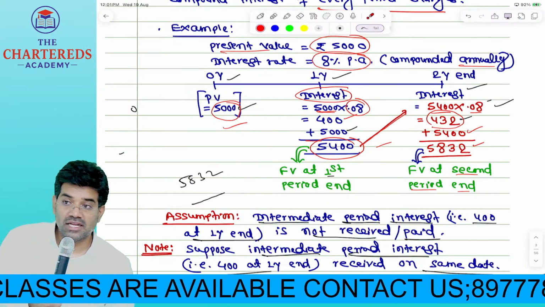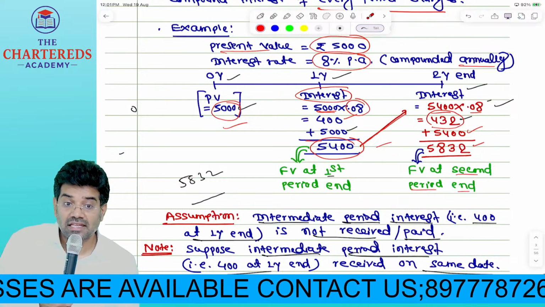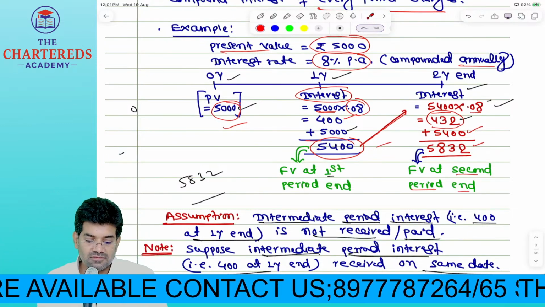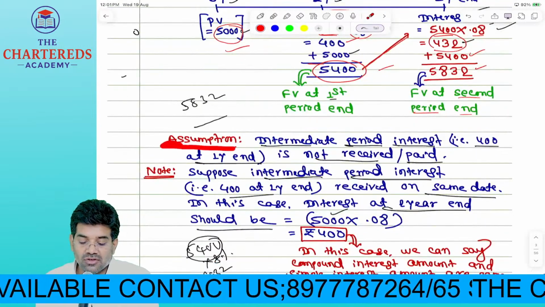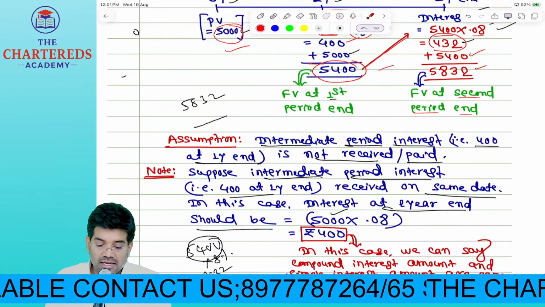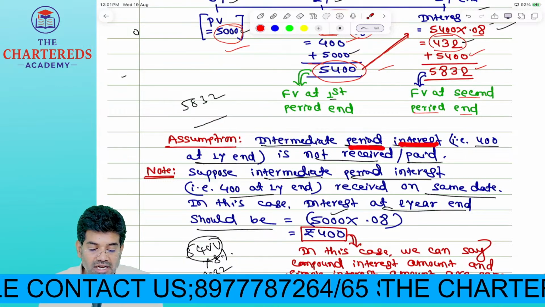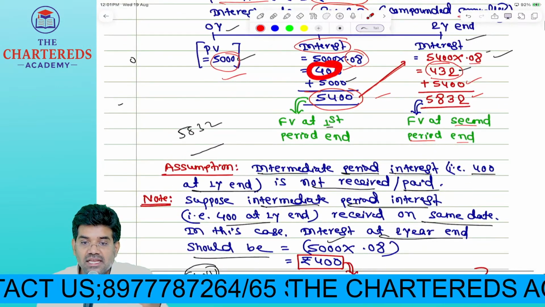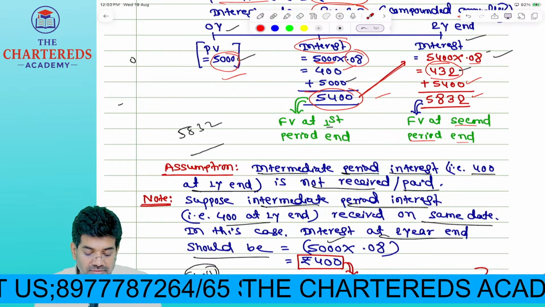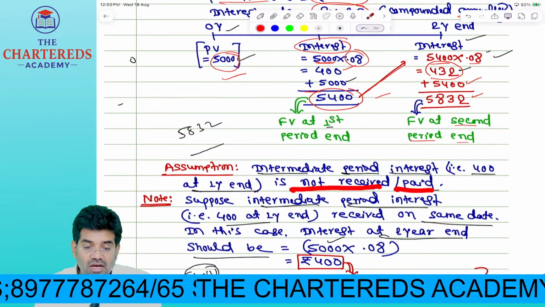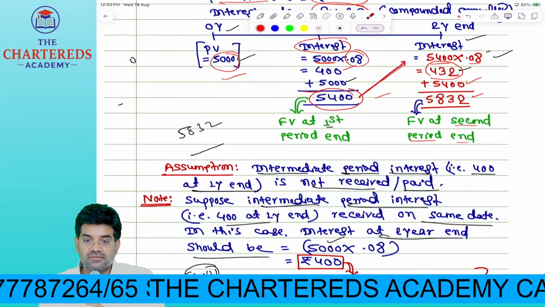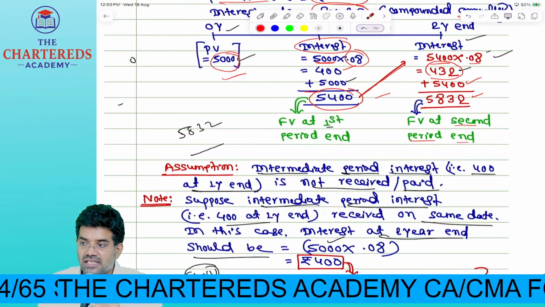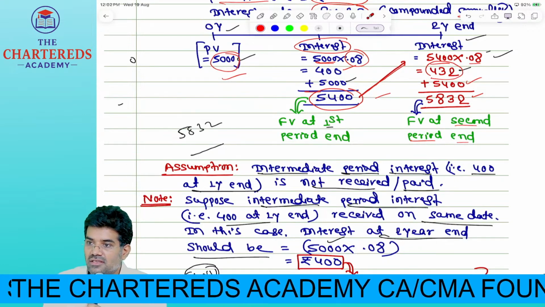No, 5,832 is not the interest amount. 832 is only our interest amount. Correct? What is the assumption behind those calculations? Is the intermediate period interest, that is the first year 400, reinvested or not? It is not received or paid. That is the assumption. Make note of that in your yesterday's example.